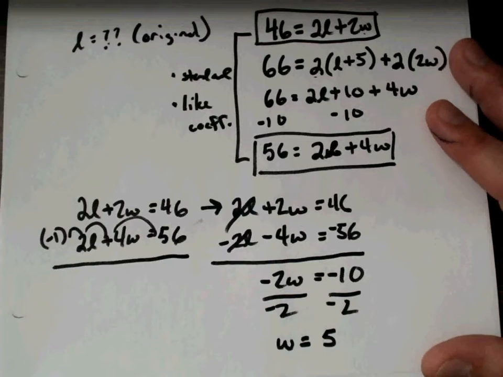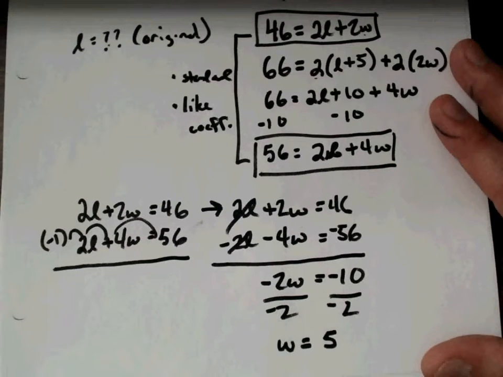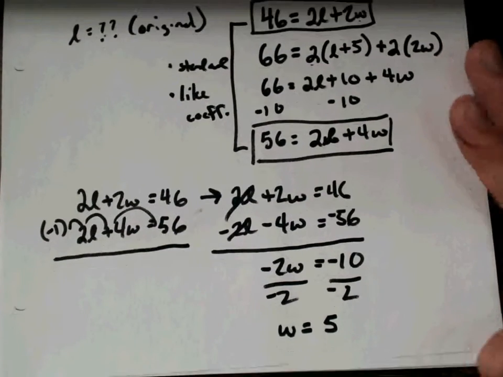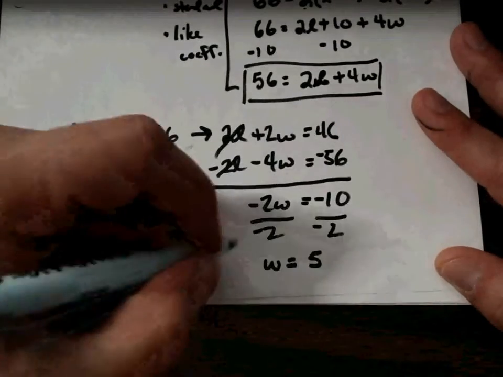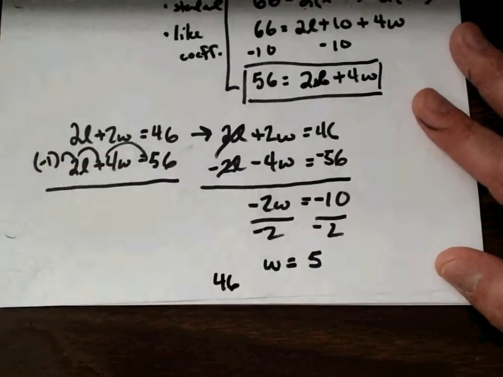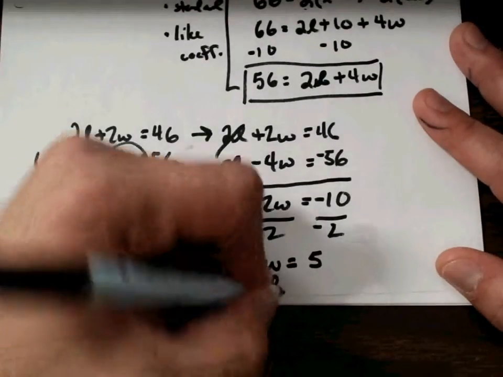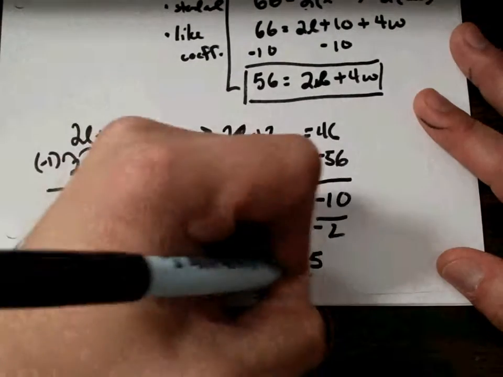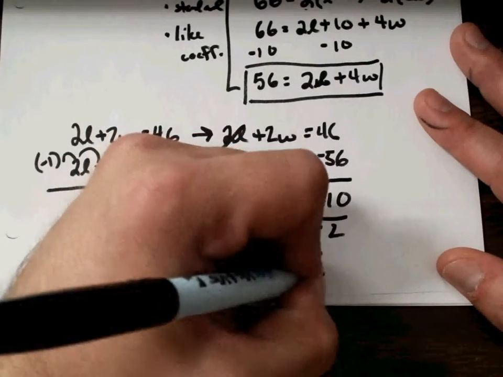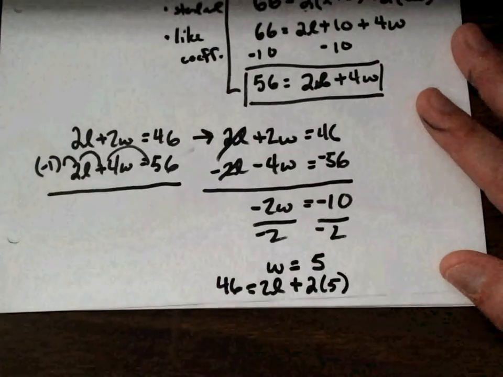So if the width of the original is 5, what's the length? The original equation, or the original perimeter was 46, equal to 2L plus 2 times 5, right?